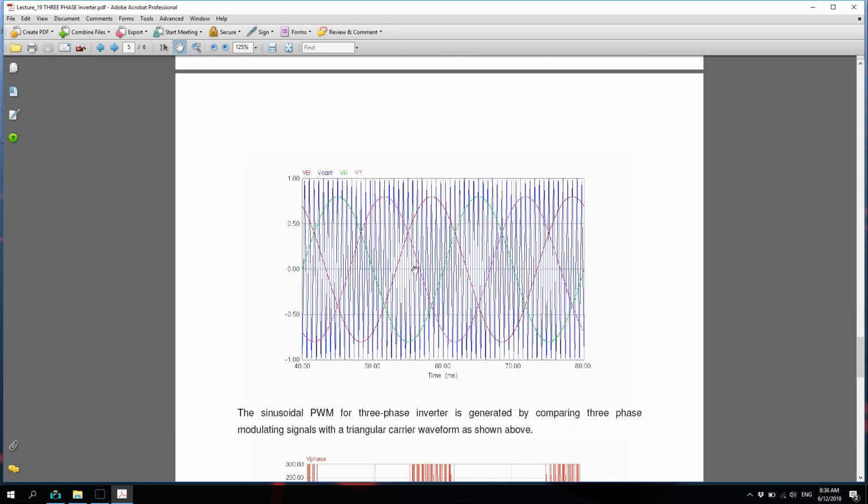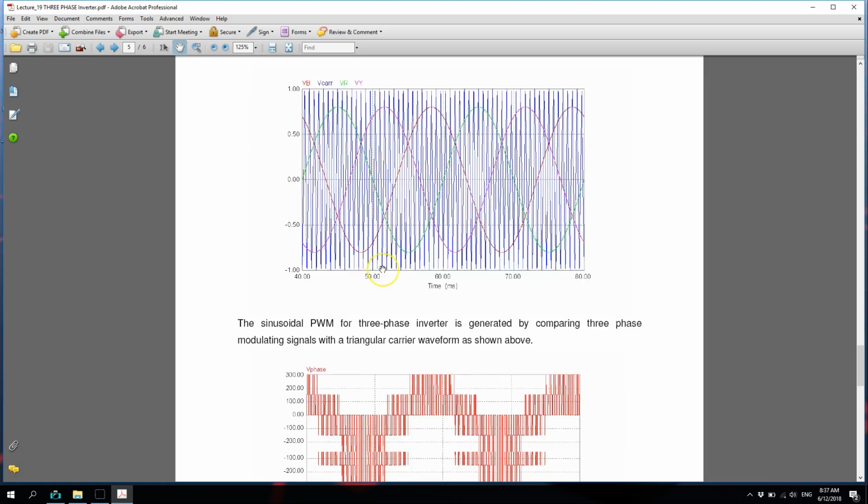So as for the PWM signals to the switches, the blue waveform is the triangular carrier signal. Of course, high switching frequency, and then you compare with the three-phase modulating signals, red, yellow, and blue. You compare with the triangular carrier signal. So this is a bipolar technique. We have both positive and negative triangular carrier signals.